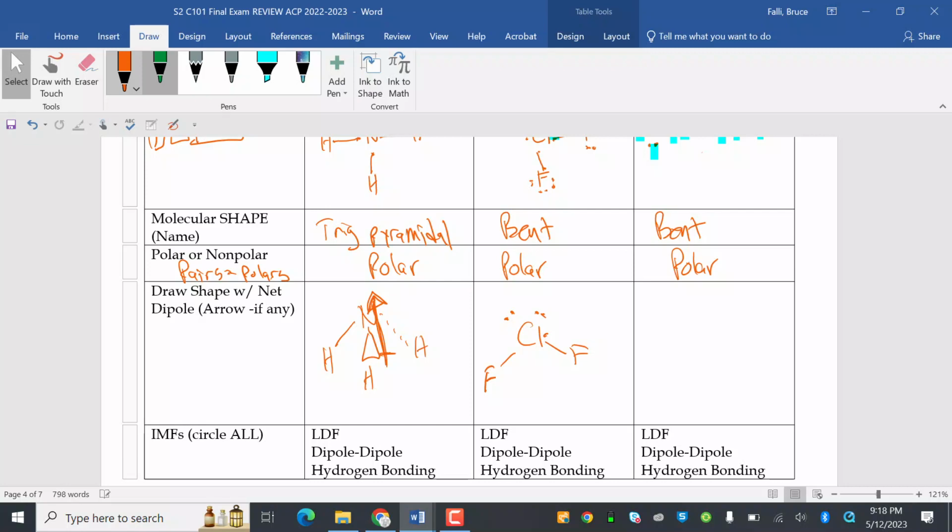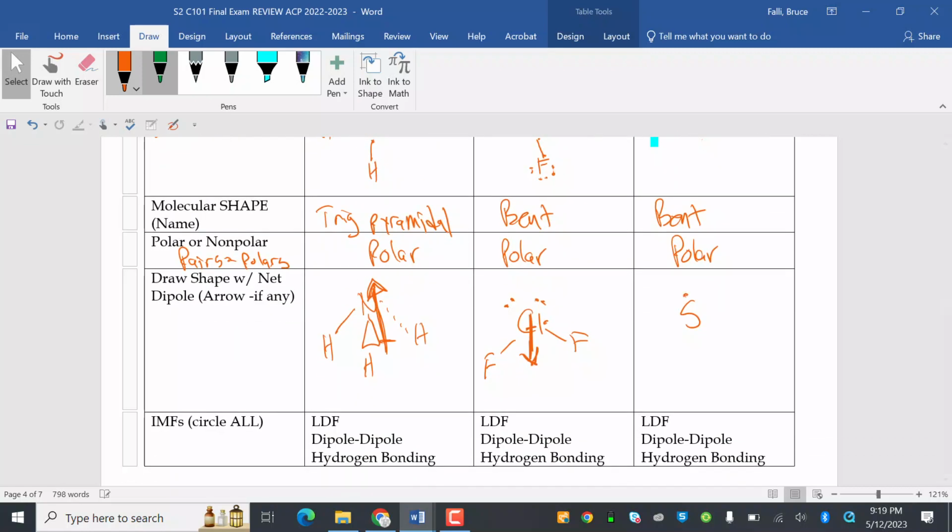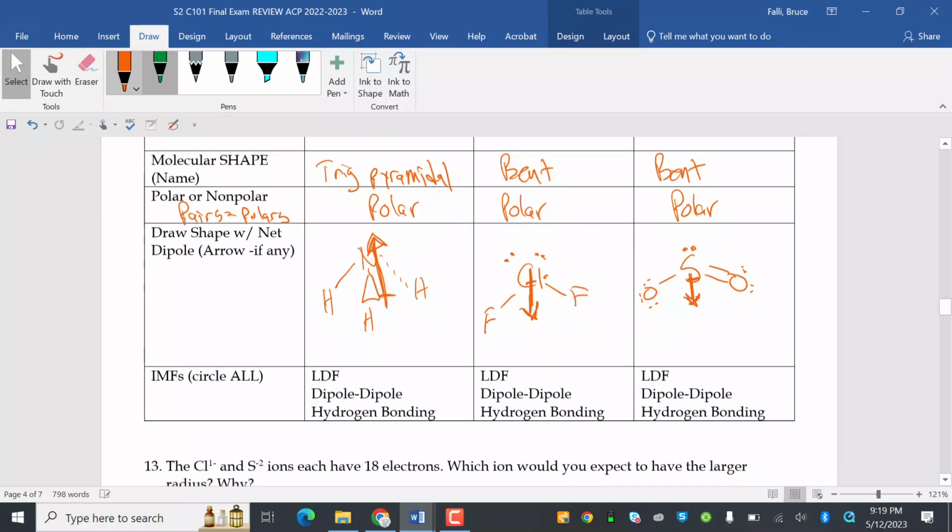F. Fluorine was more negative, but the middle of this fluorine is going to be right here. SO2 had 1 pair on the top. Double bond. It doesn't matter if you put the double bond on the left or on the right. And oxygen was more electronegative, so it also has that net dipole going down.